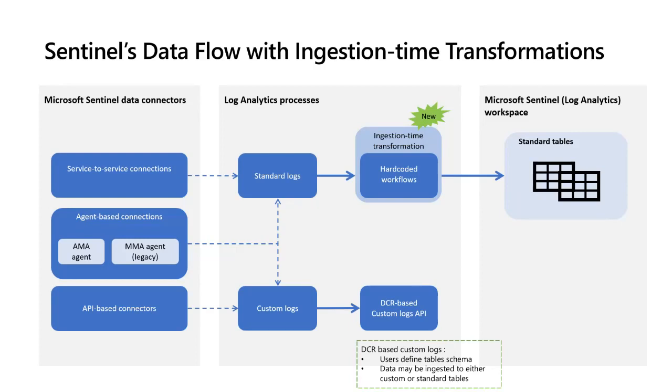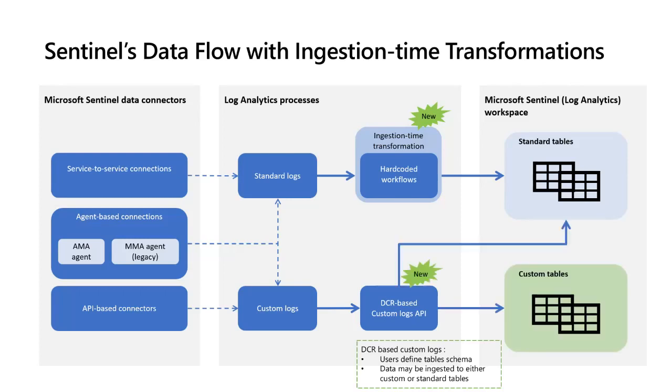I can now explicitly tell Log Analytics which specific fields I want and what is the type that each of them will have. Not only that, I also have now the option not only to ingest into custom tables, but also to ingest into the standard tables that we were mentioning before. And we will see later what the limitations are. There's a limited set of tables that are supported in this scenario, but it opens up that option that was not available before.